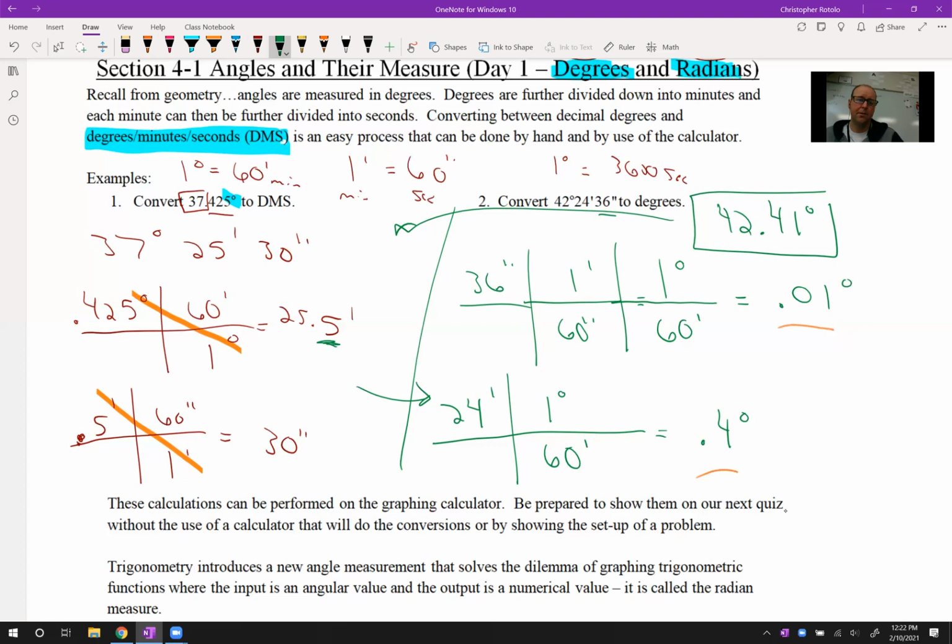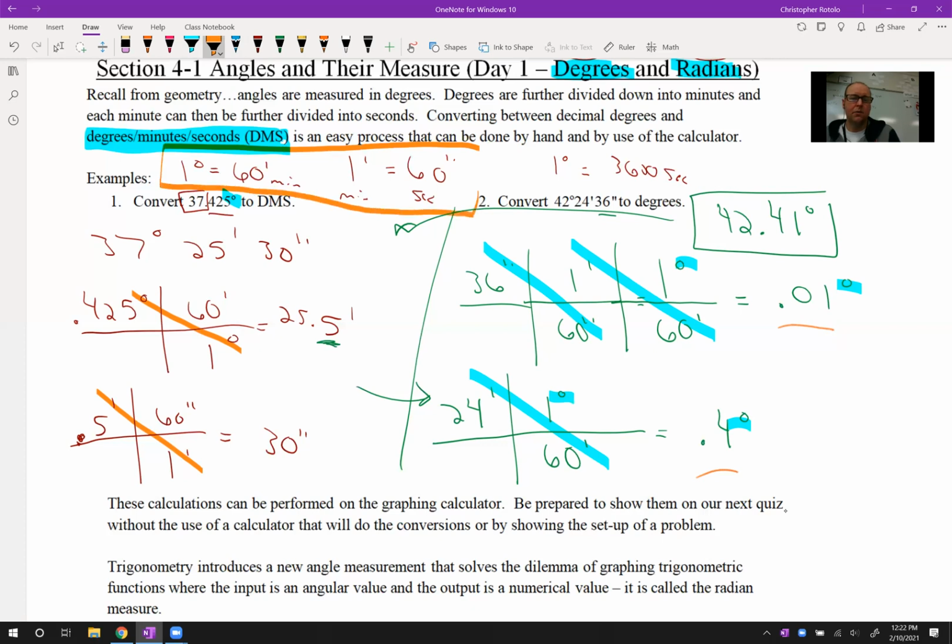Okay, so factor label, just again, make sure, let me grab my highlighter, right? Make sure all of my diagonals cancel out the units. So I end up in degrees, and I end up in degrees. Okay, so it's all based on what we set up here on the top. 1 degree, 60 minutes, 1 minute, 60 seconds.